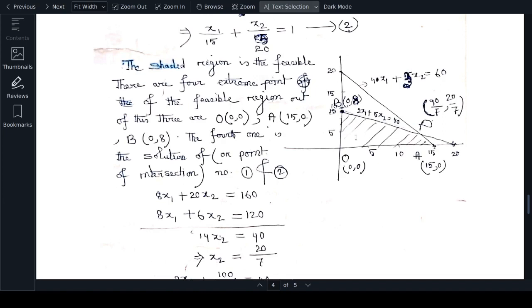Here I have marked coordinate B. And 20,0, you mark another coordinate, say D.